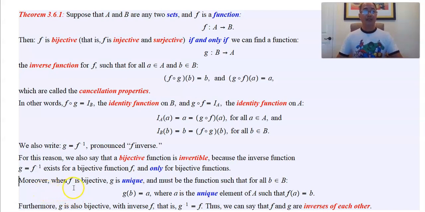Moreover, when f is bijective, this inverse function g is unique, and it has to be the function such that for all b in the codomain, g of b is a, where a is the unique element of A such that f of a equals b. One more thing. Furthermore, g is also bijective.